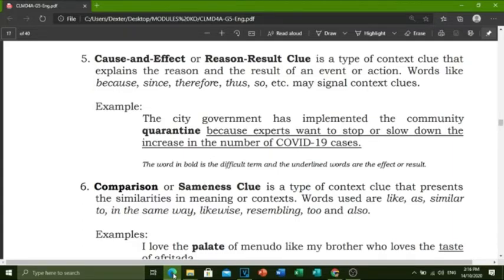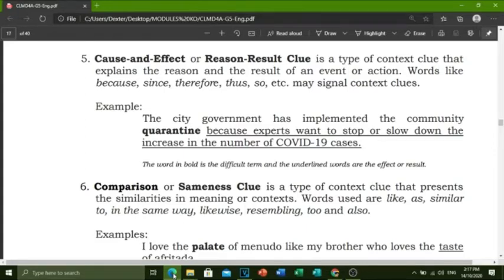The city government has implemented the community quarantine because experts want to stop or slow down the increase in the number of COVID-19 cases. Again, the city government has implemented the community quarantine because experts want to stop or slow down the increase in the number of COVID-19 cases.